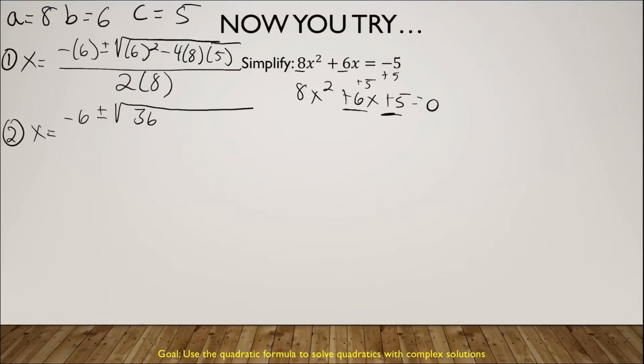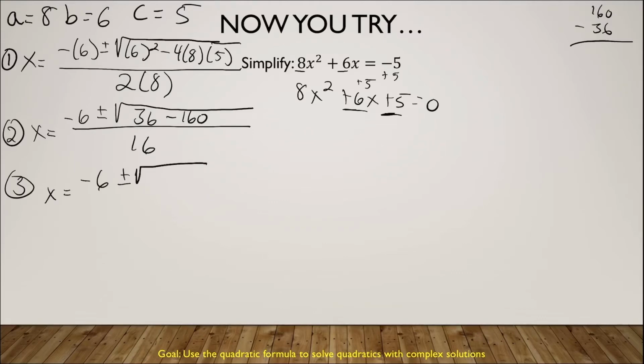So negative 4 times, I'm going to do 4 times 5 first, so it gives me negative 20. Negative 20 times 8 gives me negative 160. Feel good about that. All over 16. Okay, I'm going to take 36 minus 160 over here. I know I'm going to get a negative number. So we get negative 6 plus or minus the square root of negative 124, all over 16.